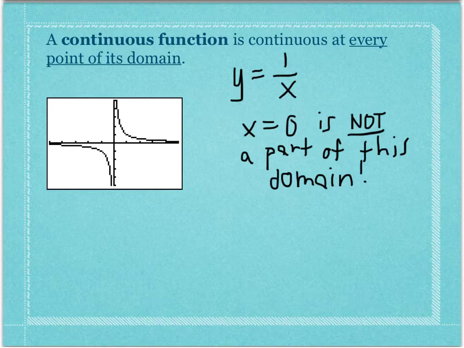It is just not continuous at the point x equals 0. So because x equals 0 is not a part of the domain for this function, we can conclude that this is indeed a continuous function. So kind of a screwy definition here. You have to watch out for it a little bit. But that's the deal with this.